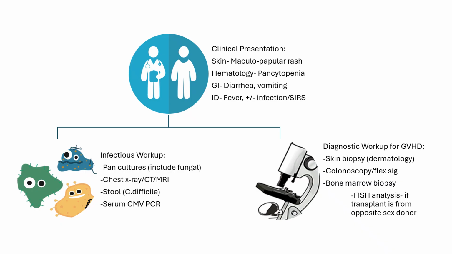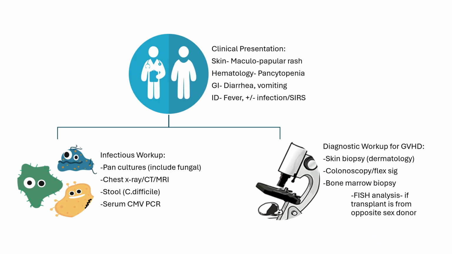Need to make sure that they don't have C. diff. C. diff is common in transplant patients, unfortunately, because of the amount of antibiotics that they are on. So anything we can do to rule that out would be helpful, as well as checking their CMV. CMV can rear its head and be a cause of diarrhea especially, and it can also cause some of these other symptoms. So we need to make sure that we start all those things.